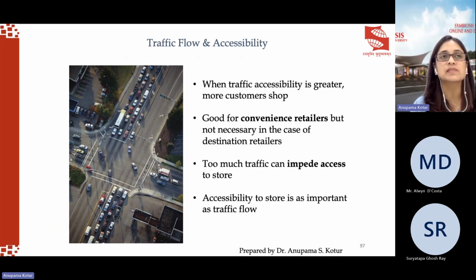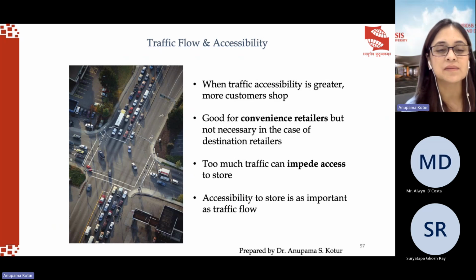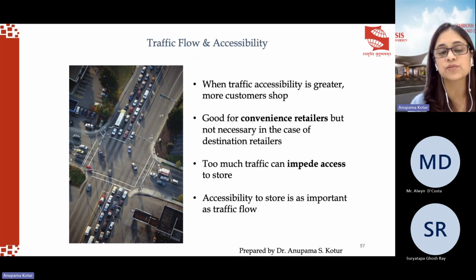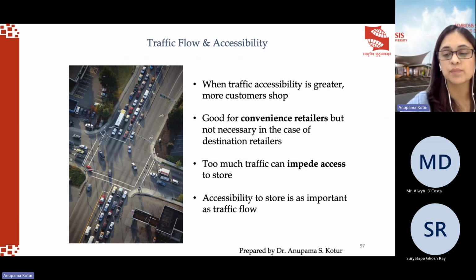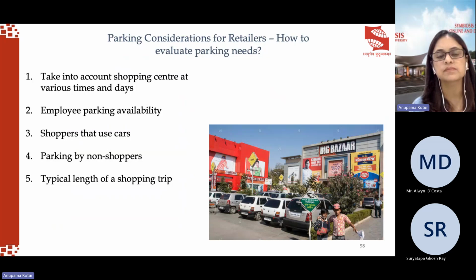This is something that we will study as we go along. But what I really want to demonstrate here, or drive home, is that how a retail industry is organized in a country really depends on a lot of aspects, and accessibility is one of the primary aspects.